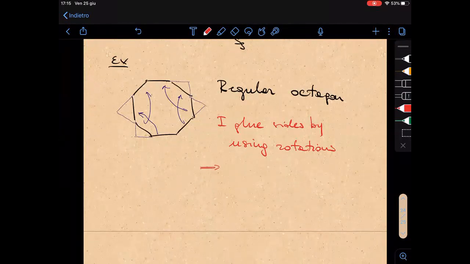So we get a Euclidean structure on the surface.